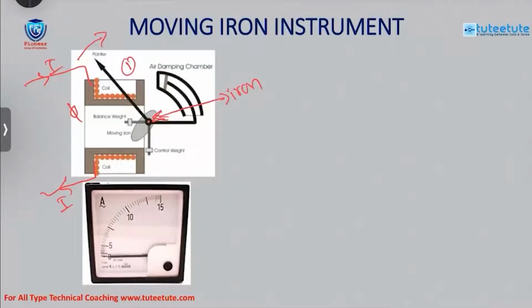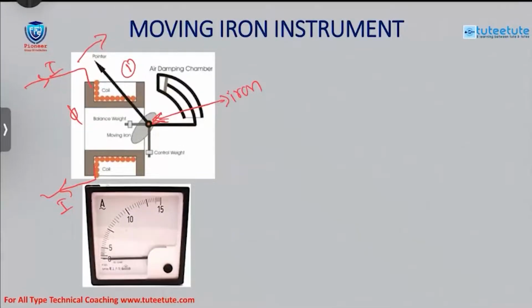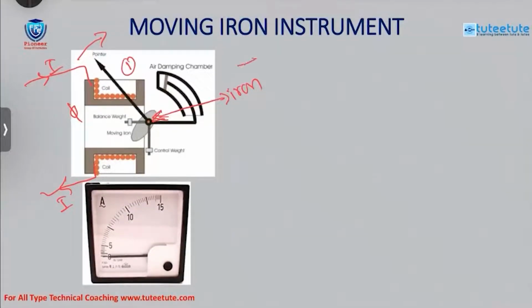This type of instrument is called the MI attractive type instrument. Actually, in MI instruments, two types are there: attractive type and repulsive type.